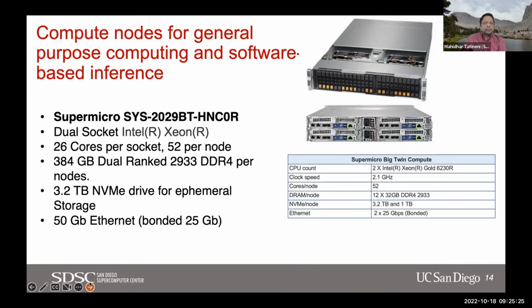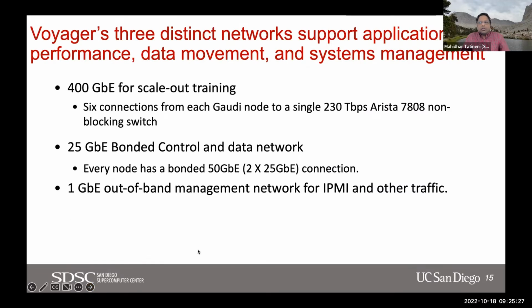As you might have noticed from all the different nodes, there are different distinct networks. The Voyager has 3 different networks that support application performance, data movement, and systems management. First there's the 400 gigabit network, which is essentially for scale out of the training aspect. The way it works is you have 6 of these connections from each Gaudi node to a single Arista non-blocking switch.